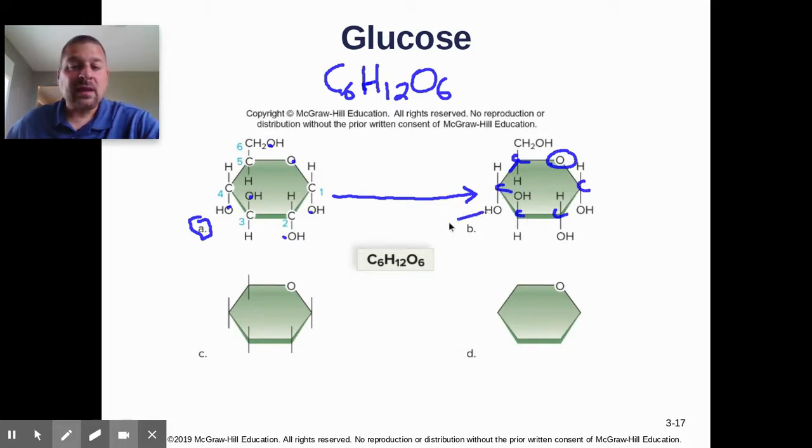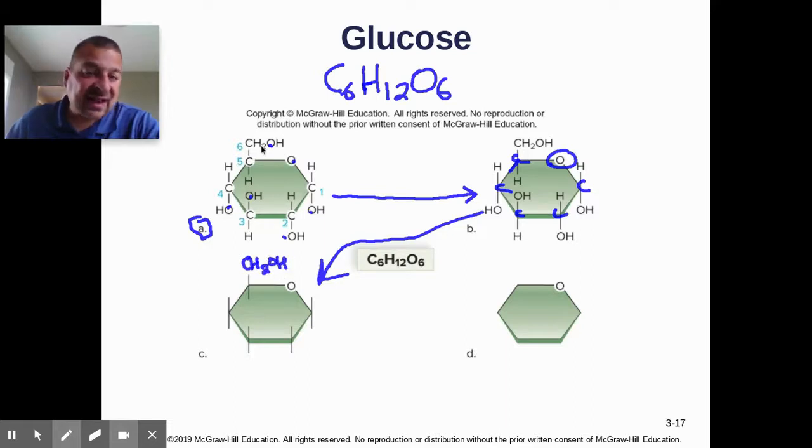Then we can get even simpler, where we just show the ring structure and leave off all the H's and OH's. And this little CH2OH up here, understand that this carbon actually has a hydrogen and then an OH group.